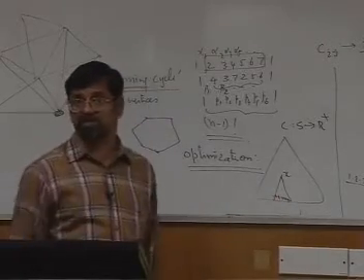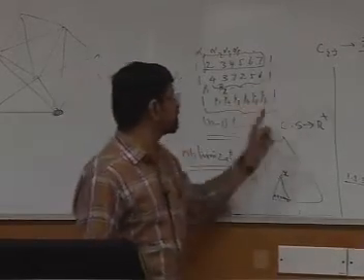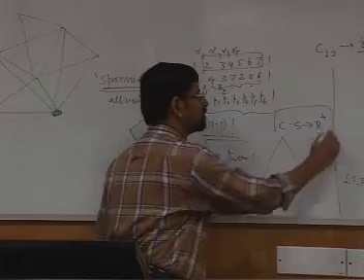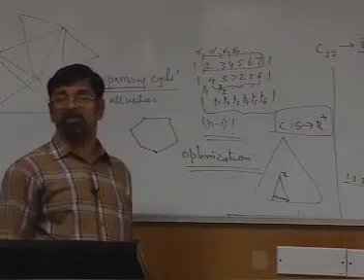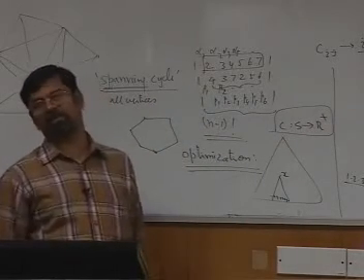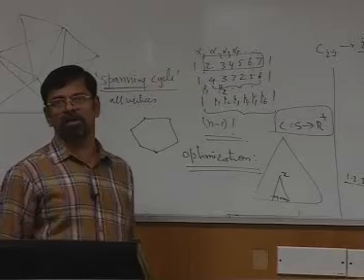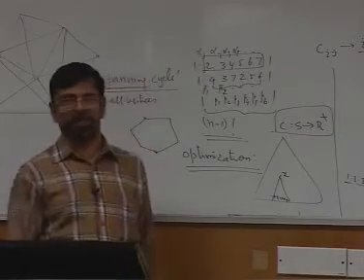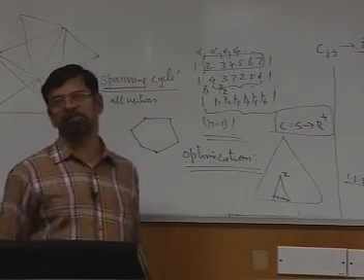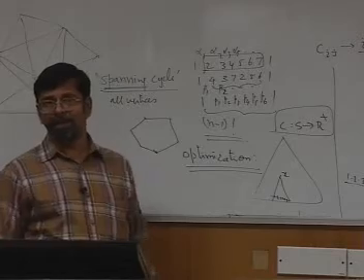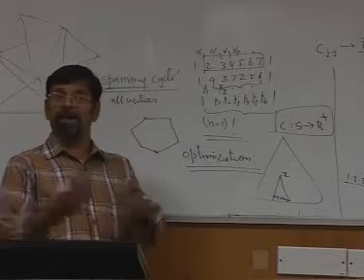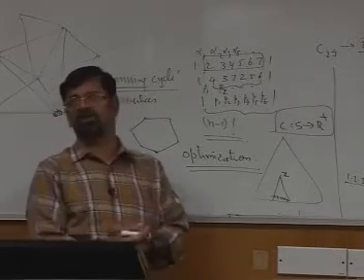Each solution has a cost because there is a cost function associated with it, and I have told you this is an optimization problem. Sorting is not an optimization problem. Matrix multiplication is not an optimization problem. You just have to do that. Here, several solutions are there, and I am interested in finding the cheapest solution.